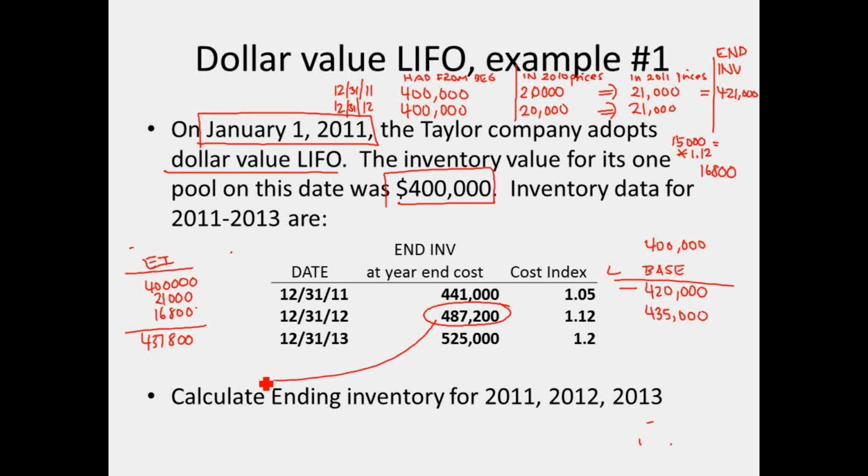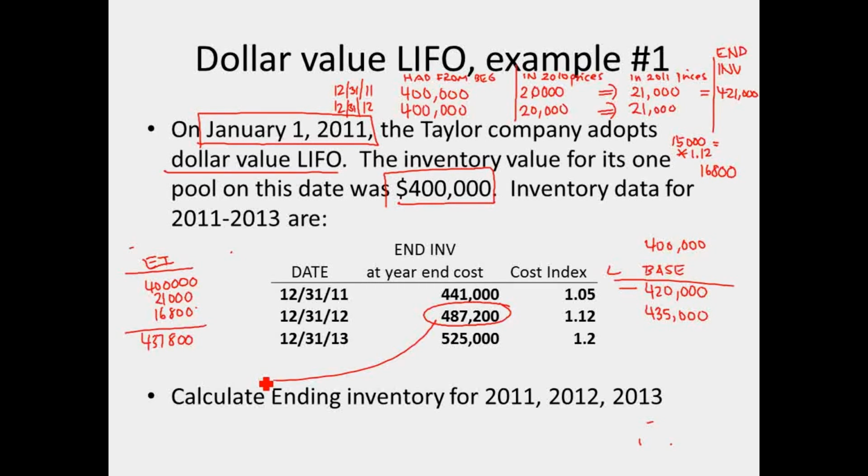Last in, first out means all the stuff I bought recently is gone. So the majority of stuff that I have is based on older prices. It's based on stuff I bought in 2010, stuff I bought in 2011, and then I bought a little bit more this year. So I'm trying to figure out, of the stuff that I have, when did I buy it, and what was the price of that stuff when I actually bought it.